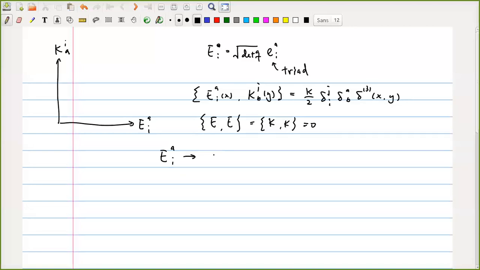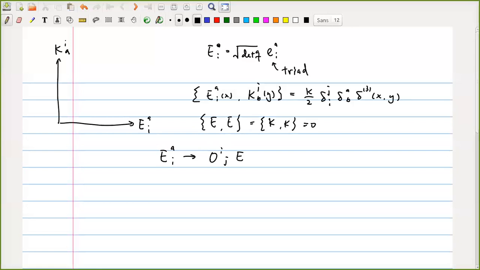So this O will be the O inverse from last time.